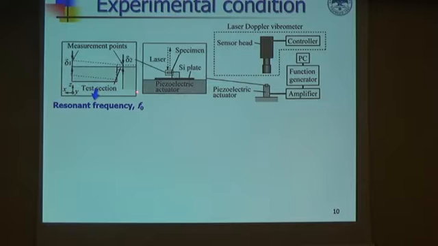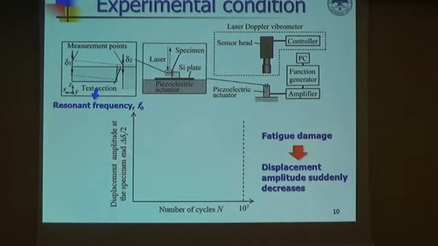Before the experiment, we preliminarily measured the resonant frequency of the specimen, and by using this resonant frequency, we conducted the fatigue experiment at constant displacement amplitude. And in this experimental method, if fatigue fracture is produced in the specimen, the displacement amplitude will suddenly decrease.